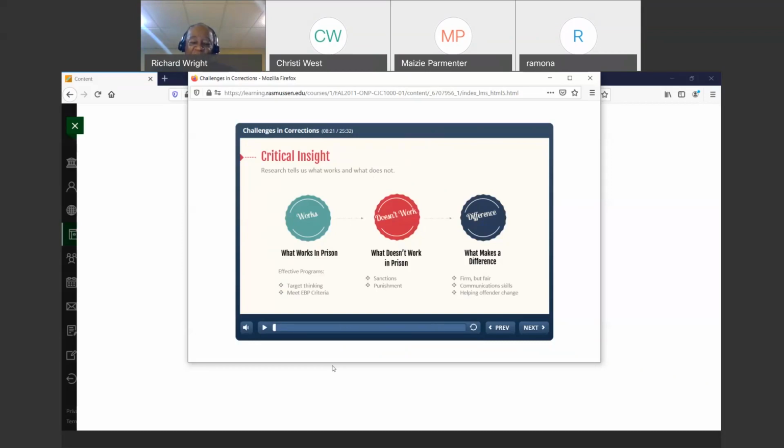So what you want to do is remember what works is if the person needs treatment for drugs, treatment for alcohol, education, get them a vocation, those kinds of things. You have to be able to point that person in that direction and help them while they're incarcerated. And so again, sanctions and punishments don't really work because the person's not always going to be in prison.